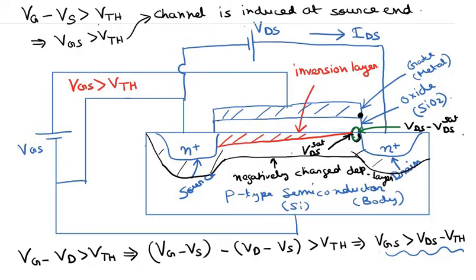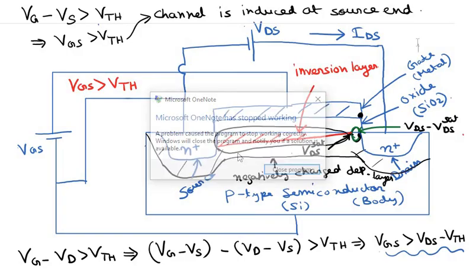Now the question is: since there is no channel in this region where the depletion charge has exposed itself, and there is only depletion charge, how would current flow through this region? The answer is that in the region where the channel still exists, the current is conducted by the channel.